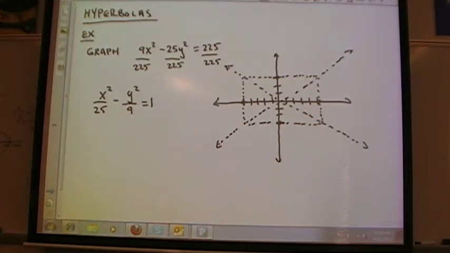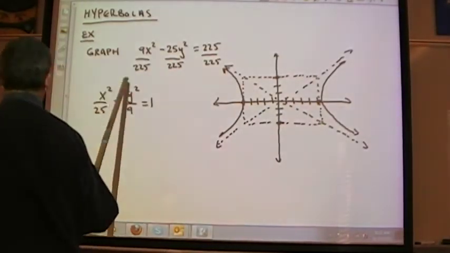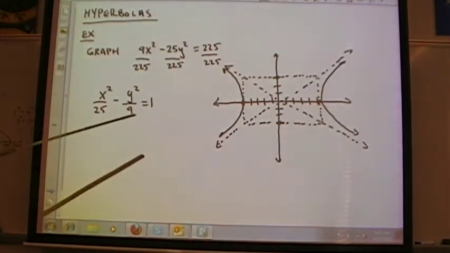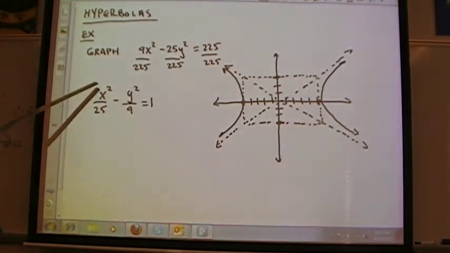Well, let me explain. We open, in this case, left, right. We open along the x-axis, and the reason is, going back to the first section, with hyperbolas the x and y can switch places.